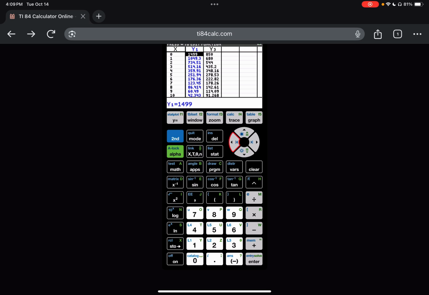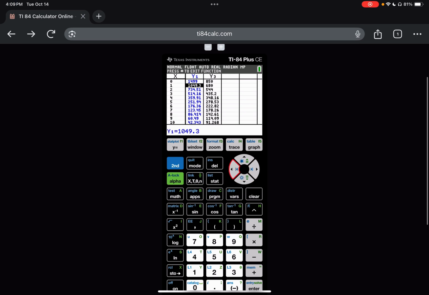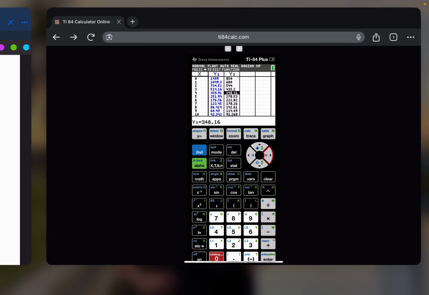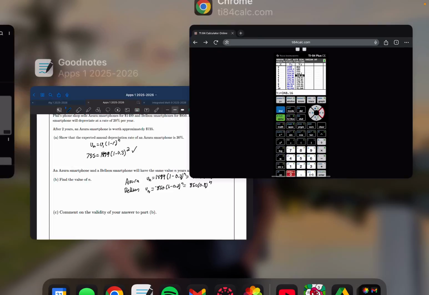When x is 0, the Azura is 1499, the Belson is 850. After 1 year, 1049 and 680. After 2 years, after 3 years, we can see that they cross paths during the 3rd year, so before the end of the 3rd year.